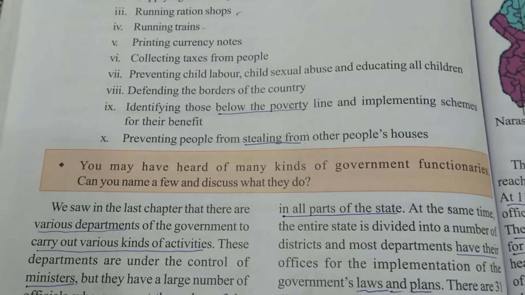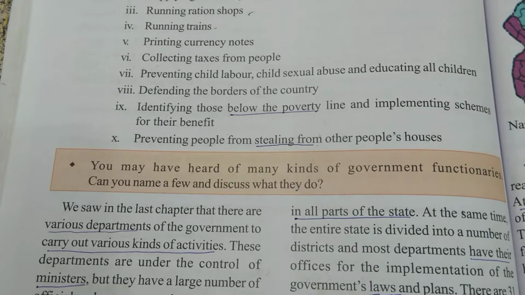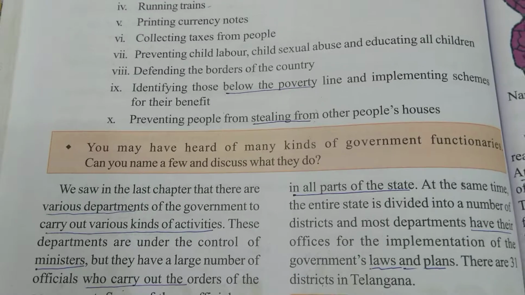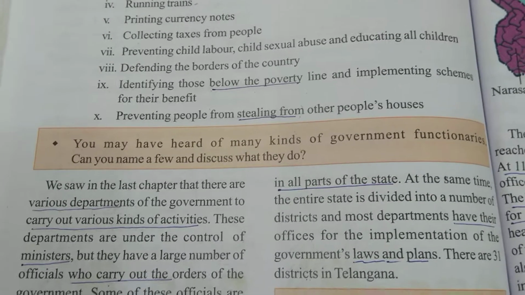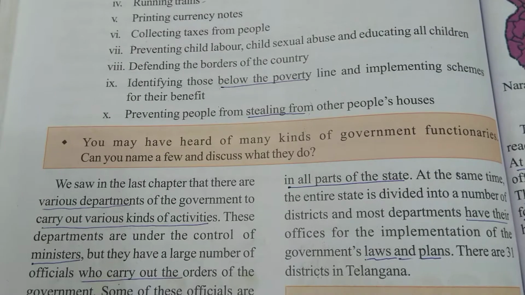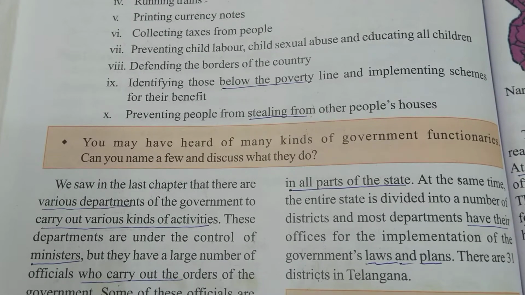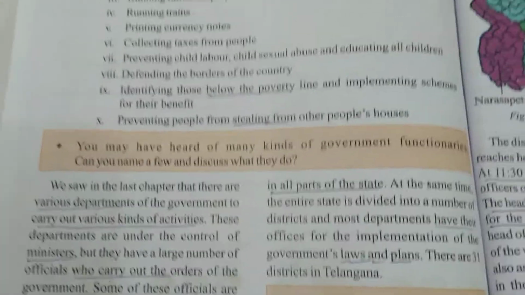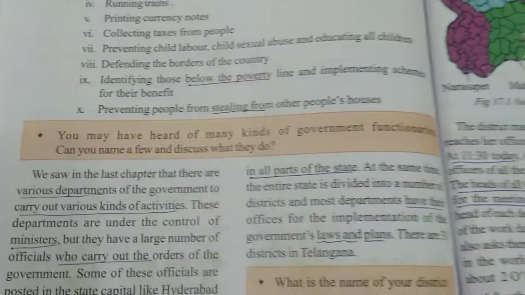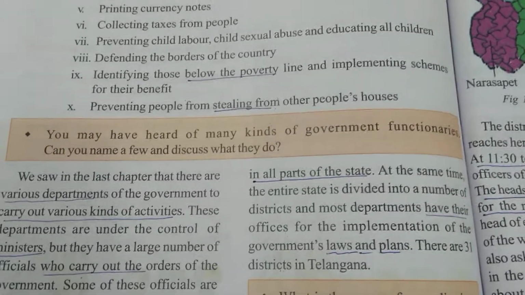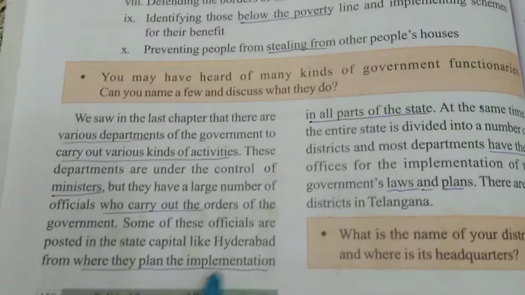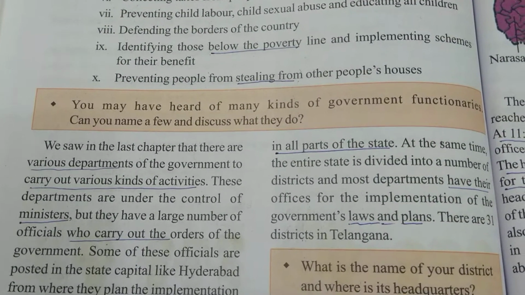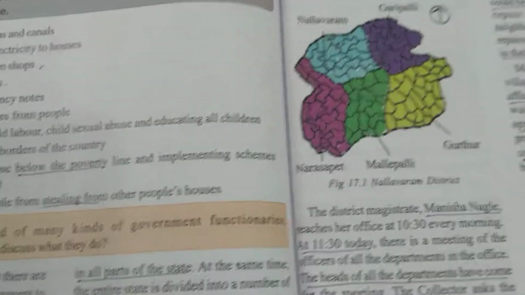These departments are under control of ministers, but they have a large number of officials who carry out the orders of the government. Under the ministers, many officials and employees will be appointed to do all these activities. Some of these officials are posted in the state capital like Hyderabad, from where they plan the implementation in all parts of the state.